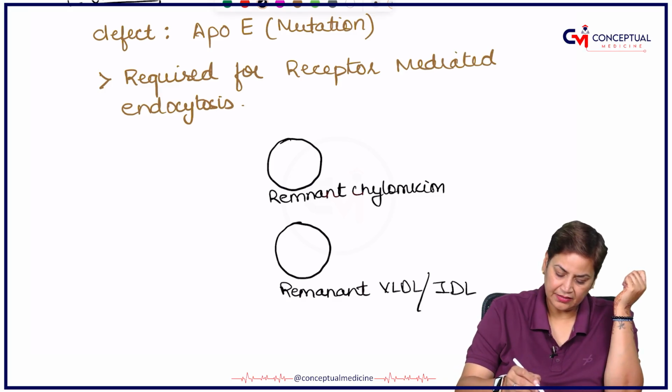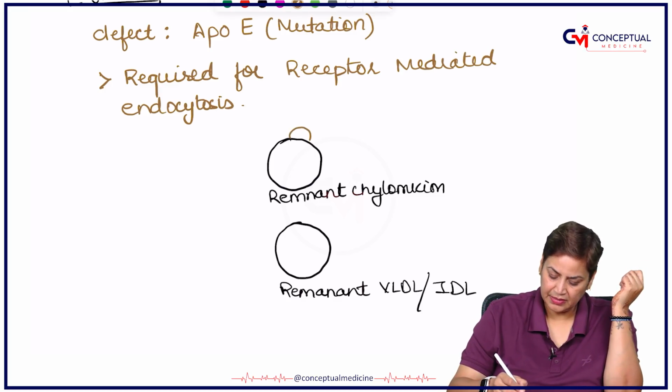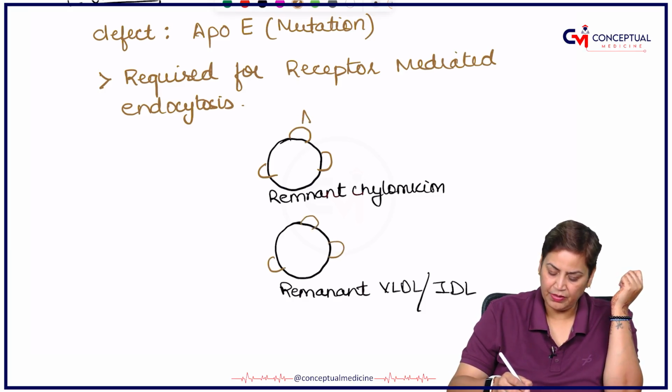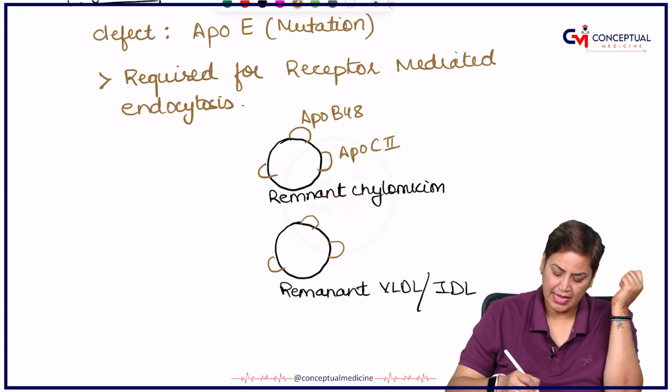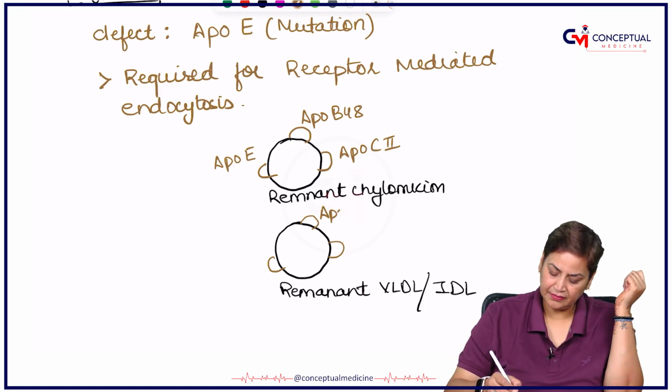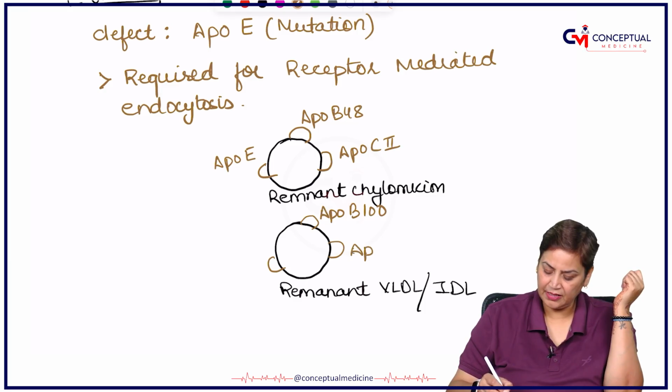It has, we know, 3 apoproteins. Here Apo B48 is there, Apo C-II is there and Apo E is there. Here Apo B100 is there, Apo C-II is there and Apo E is there.